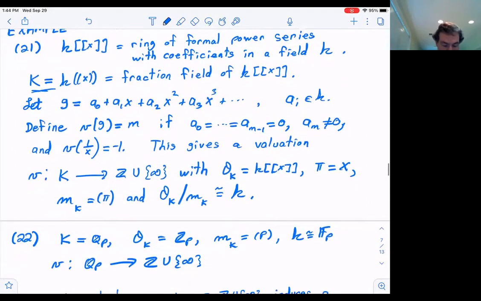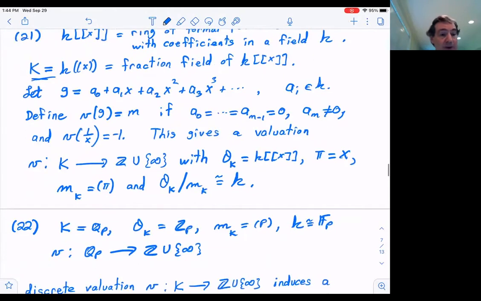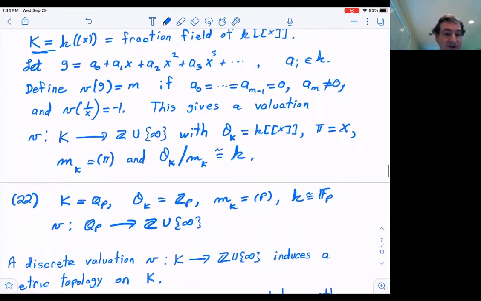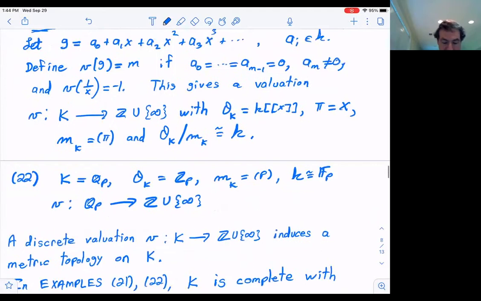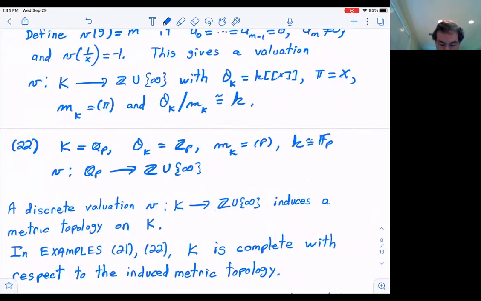And then the second main example would be Q_p, the p-adic numbers, or really any finite extension. In this case, the ring of integers is Z sub p, the maximal ideal is generated by the prime number p, and the residue field is F sub p, the finite field with p elements.